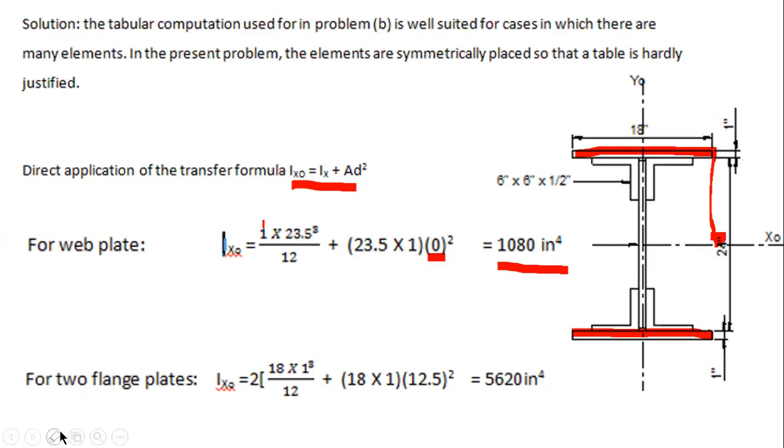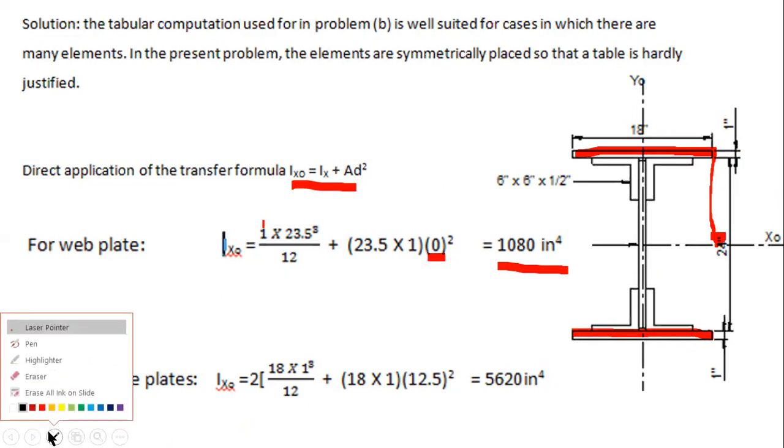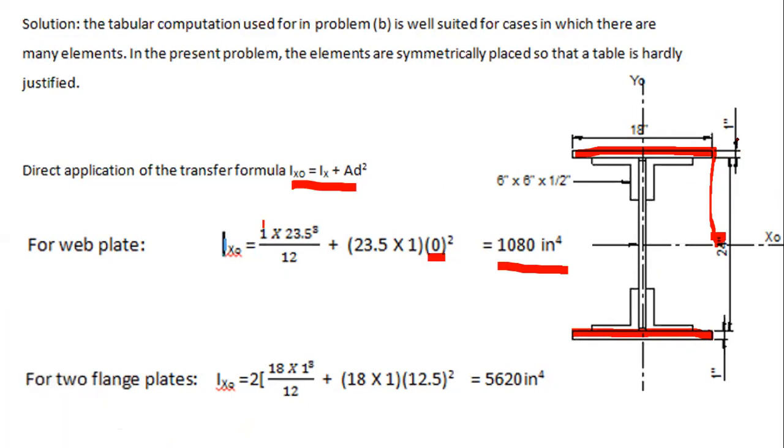What is our d? What do you think is the distance from here, over here? If the total is 24 plus 1, then half of that is 12, plus half of the 1, which is 0.5.